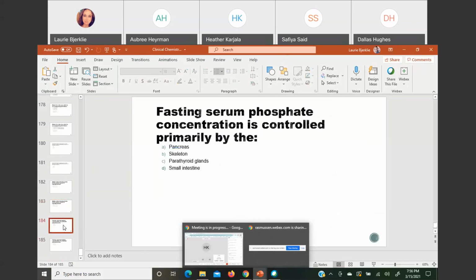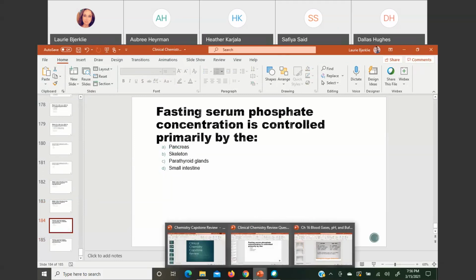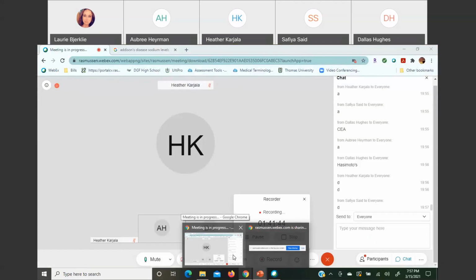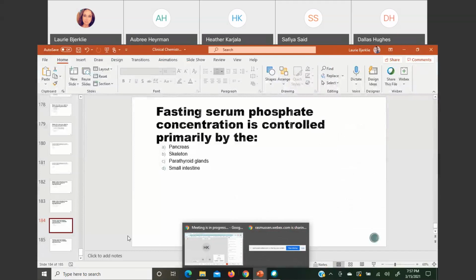All right. Fasting serum phosphate concentration is controlled primarily by what? What controls our phosphate levels? Okay, so I have a couple answers.